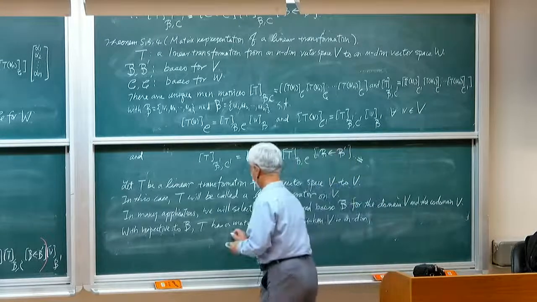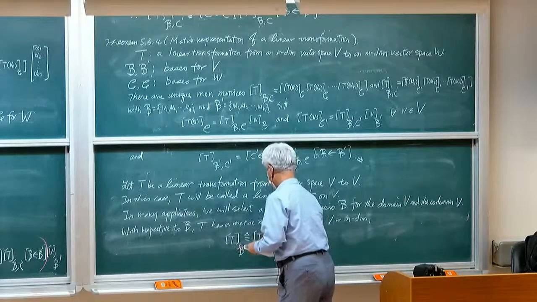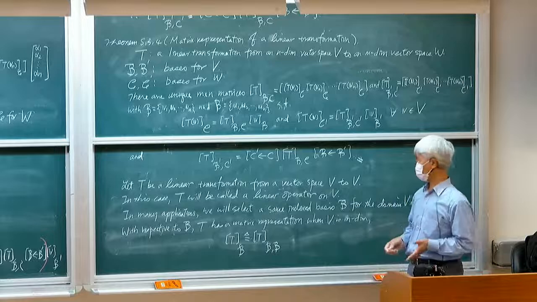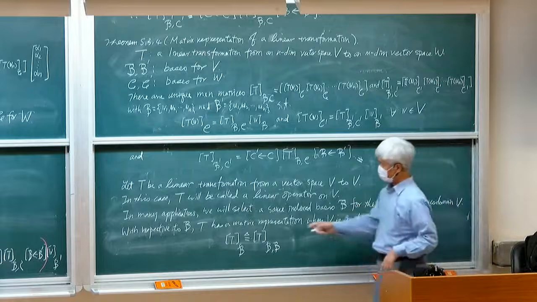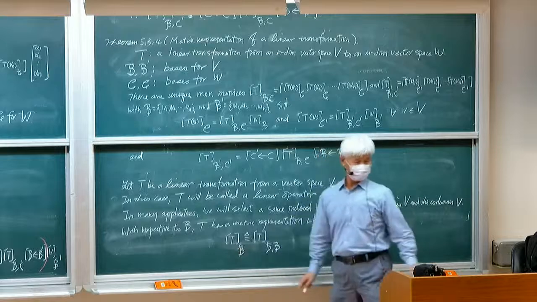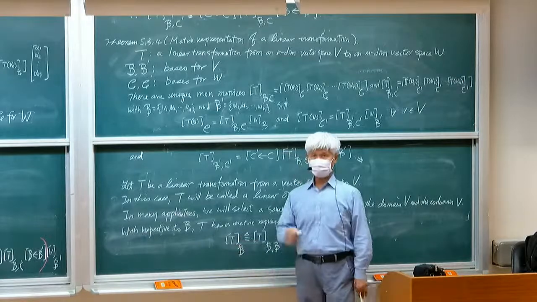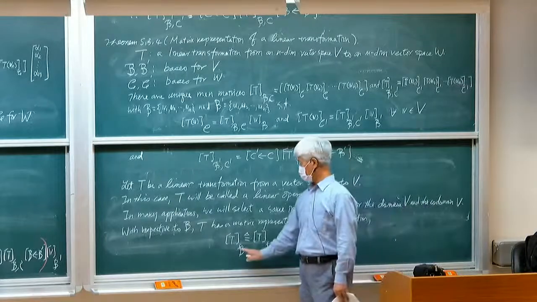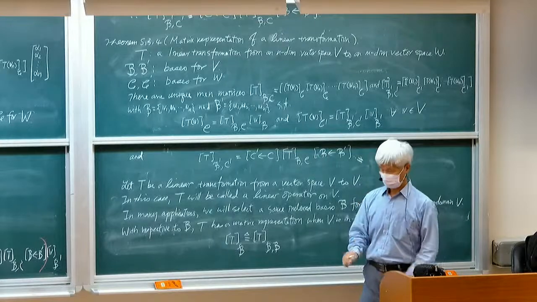And we define B to be B, B. So if we select the same basis B for the domain V and for the codomain V, then this matrix representation will be denoted just by using a B here. So T is a linear operator on an n-dimensional vector space, and the same basis is selected for the domain as well as for the codomain.